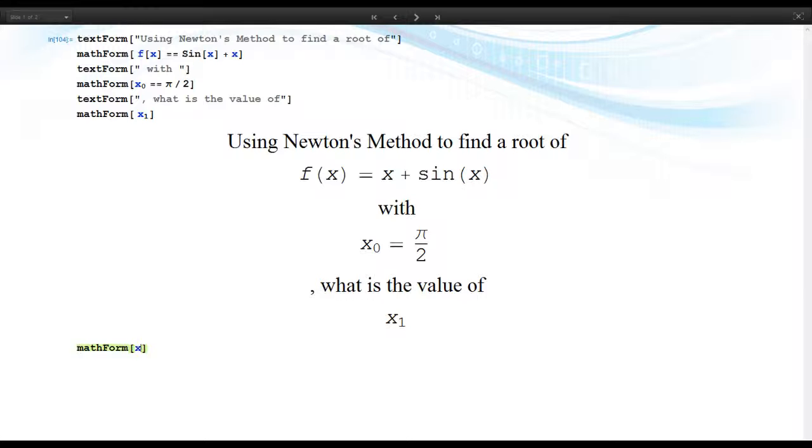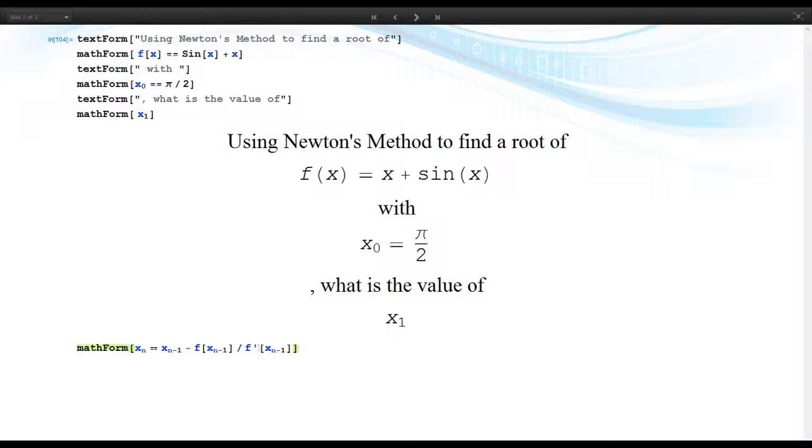The nth approximation is equal to the n minus 1th approximation, that'd be x sub n minus 1, minus the function's value at x sub n minus 1, divided by the derivative's value at that same point.